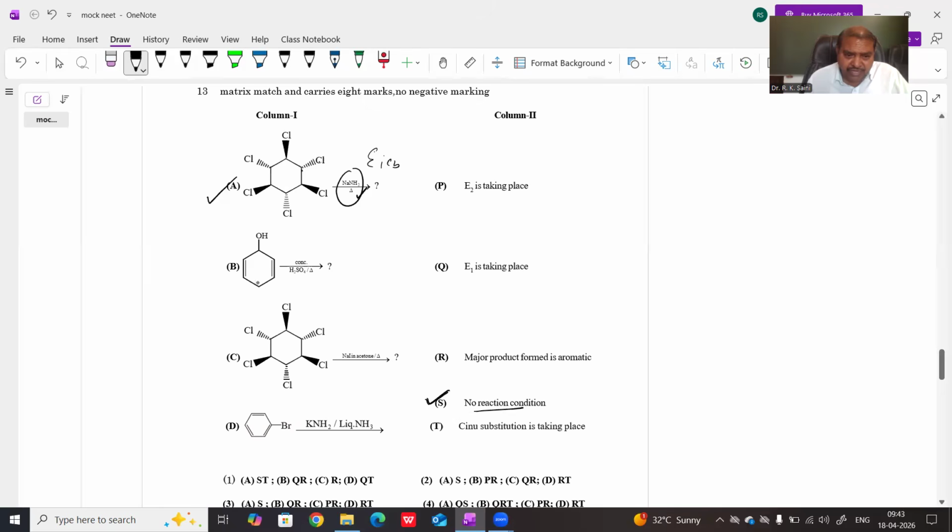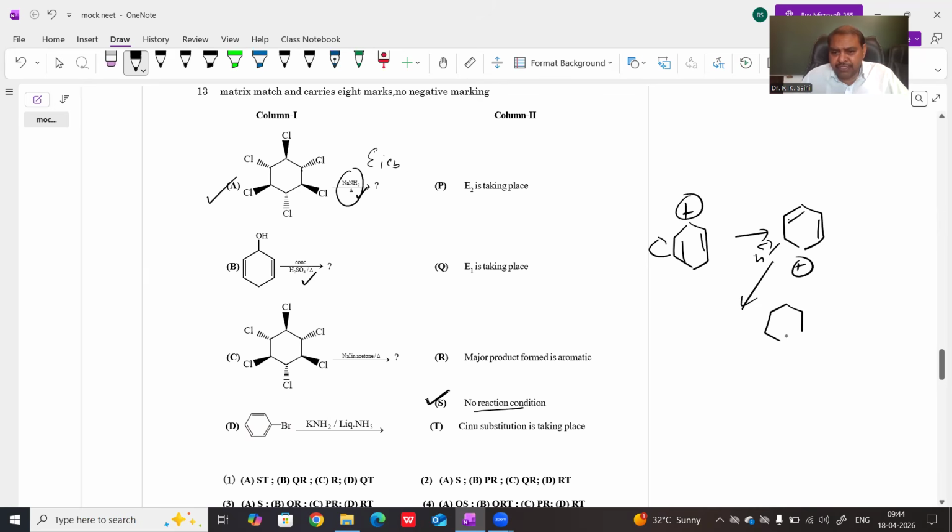We consider the second case. This compound reacts with concentrated H2SO4. We know that concentrated H2SO4 protonates the alcohol and eliminates water and makes a carbocation. This carbocation rearranges and changes into this carbocation, and after deprotonation we obtain benzene as a product.